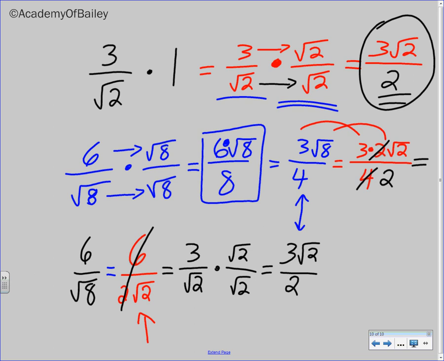And so now we have 3 square root of 2 over 2. You should always make sure that you simplify radicals, whichever way you want to do it. You can do it the way we did it up in blue or the way we did it down in bottom in black.